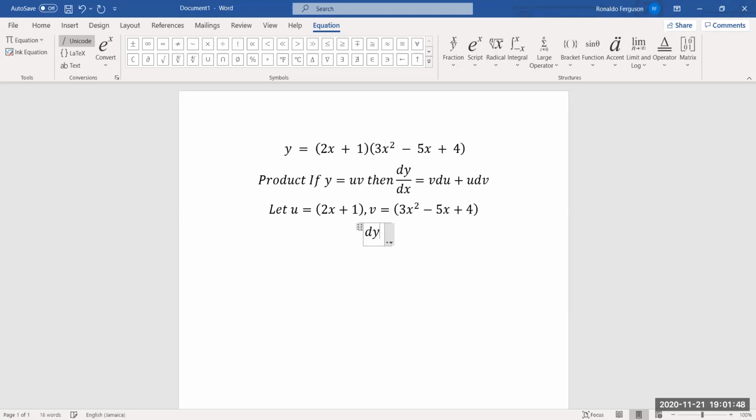So using the product rule, dy by dx is equal to v du. V in this case is going to be 3x squared minus 5x plus 4 times du. So using this formula, what's du?